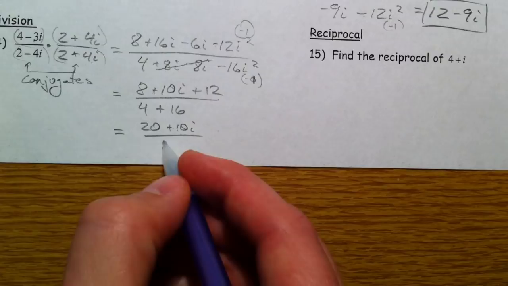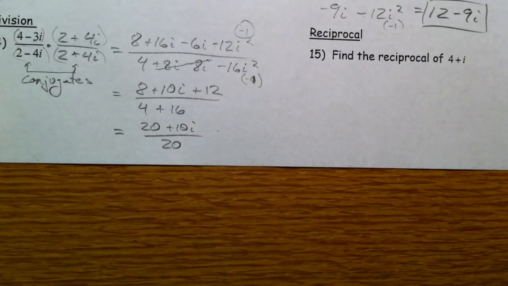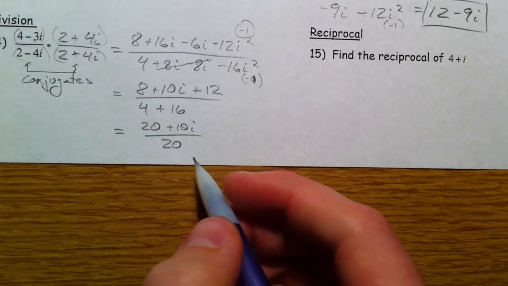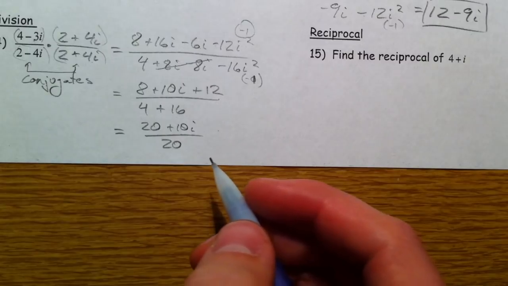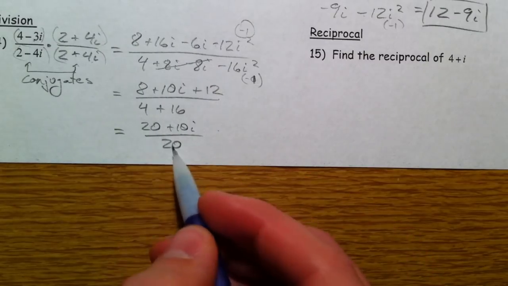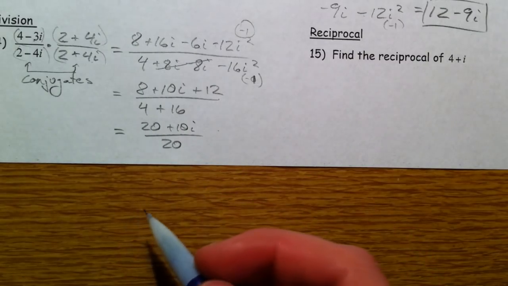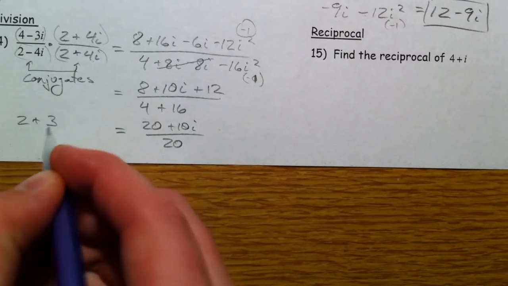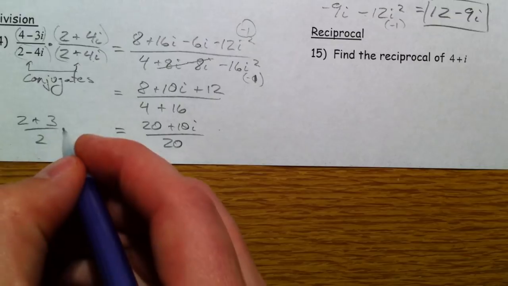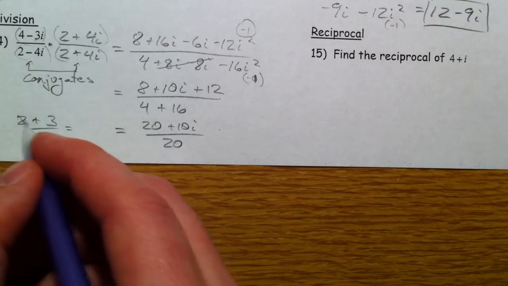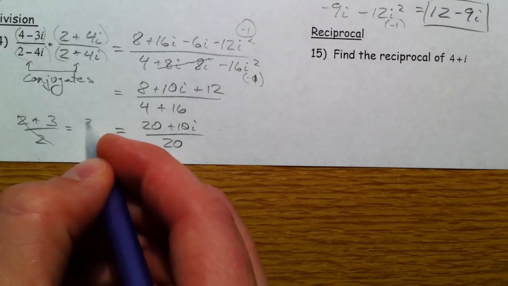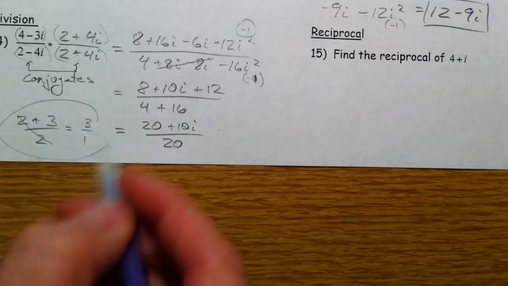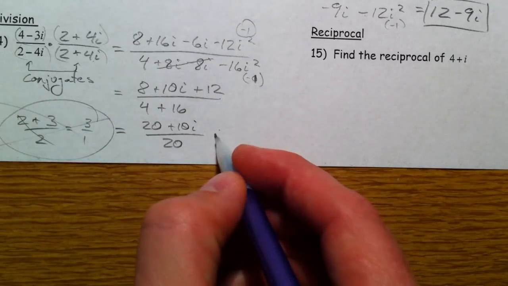So 8 plus 12 is 20, plus 10i over 20. Now, it's going to be very, very tempting to cross out these 20s. But you'd be very wrong. Because if it was 2 plus 3 over 2, 5 halves is not the same as 3 over 1. And so that's why this doesn't work.